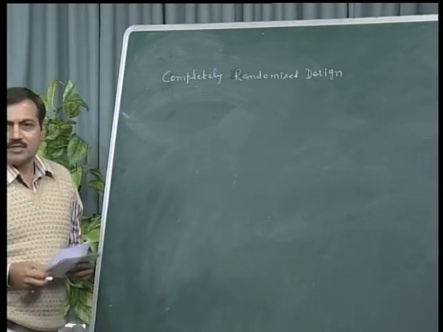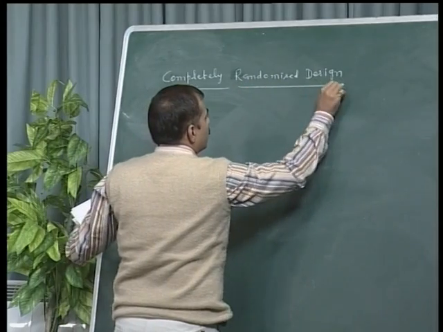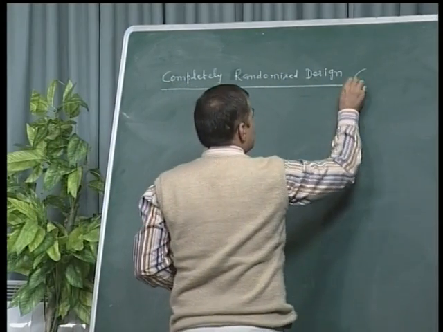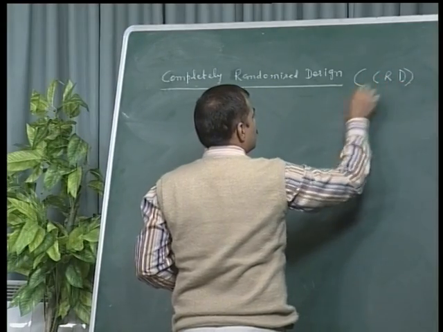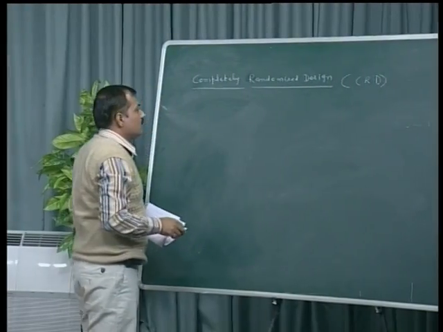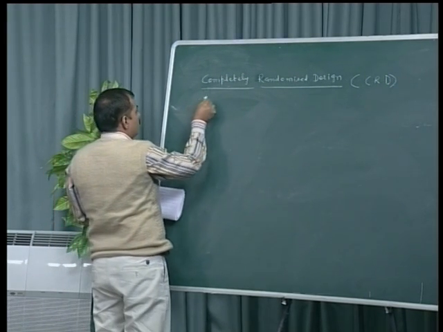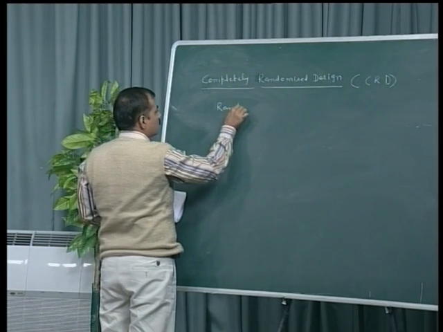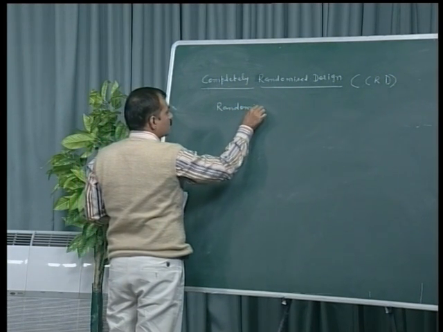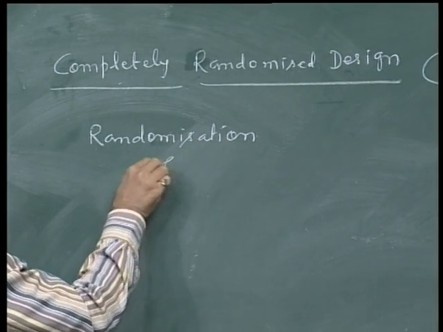Completely randomized design. In short form, we call it CRD. This is the simplest design, which is based on the principle of randomization and replication.